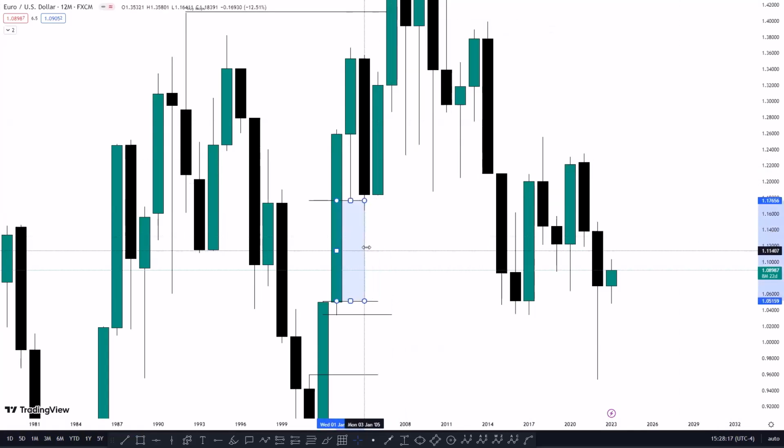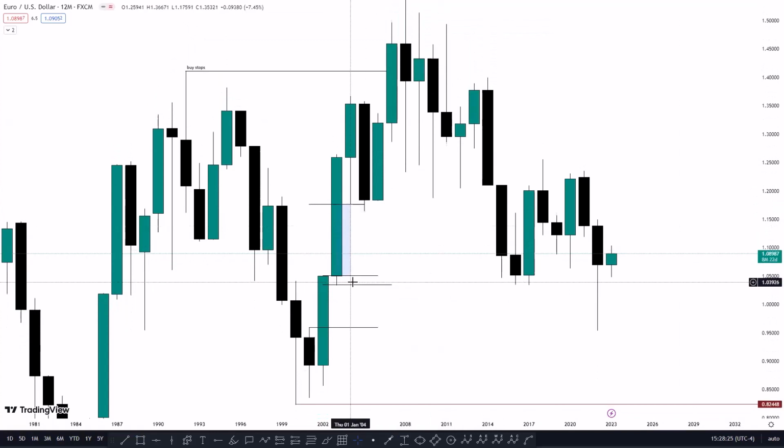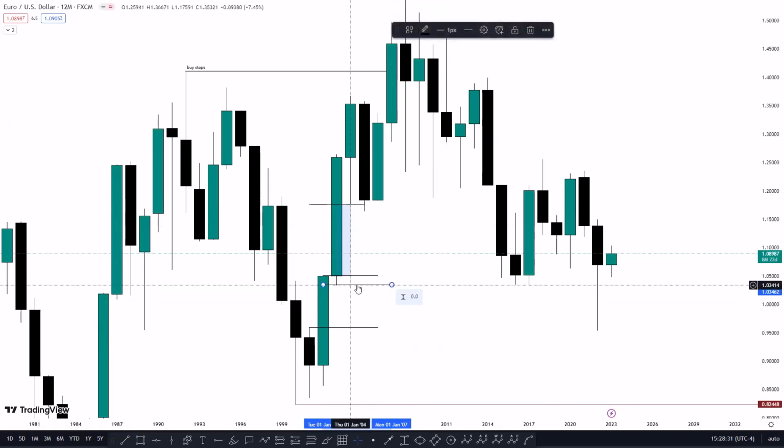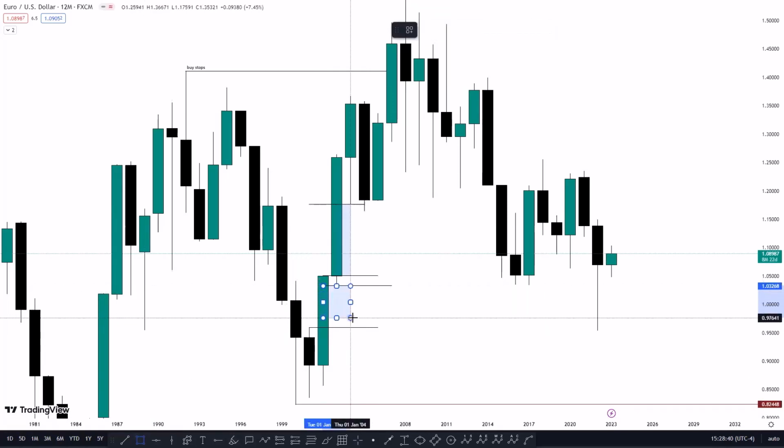Before this bearish candle comes in, this was our price inefficiency. Again, here, in this candle, from this low, all the way here, you have another price inefficiency. Right here.